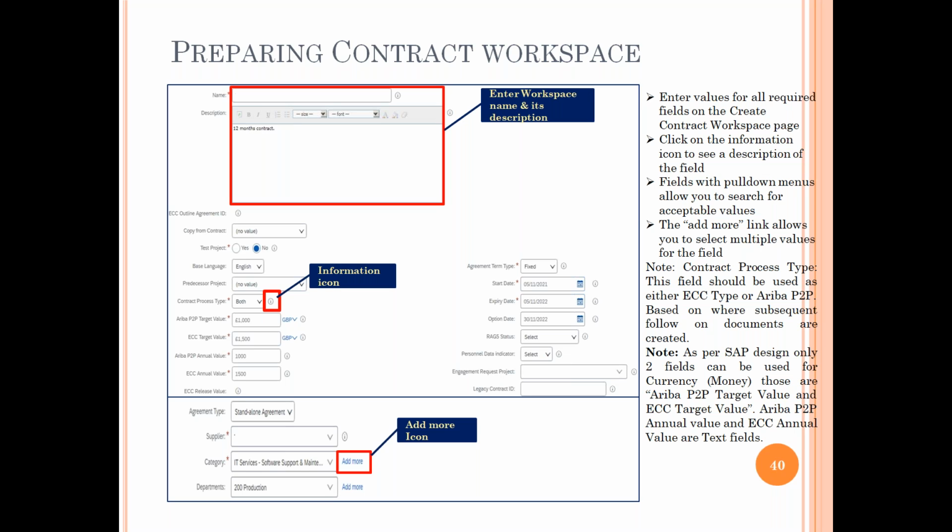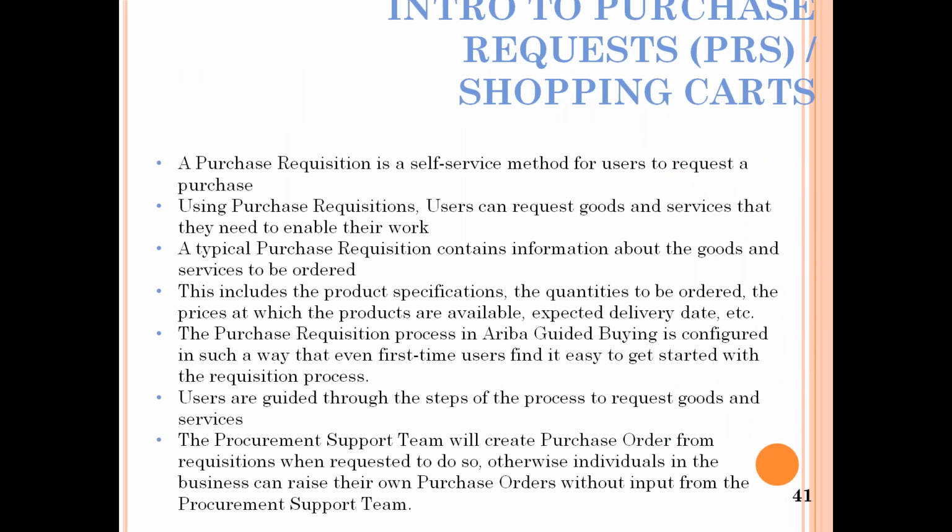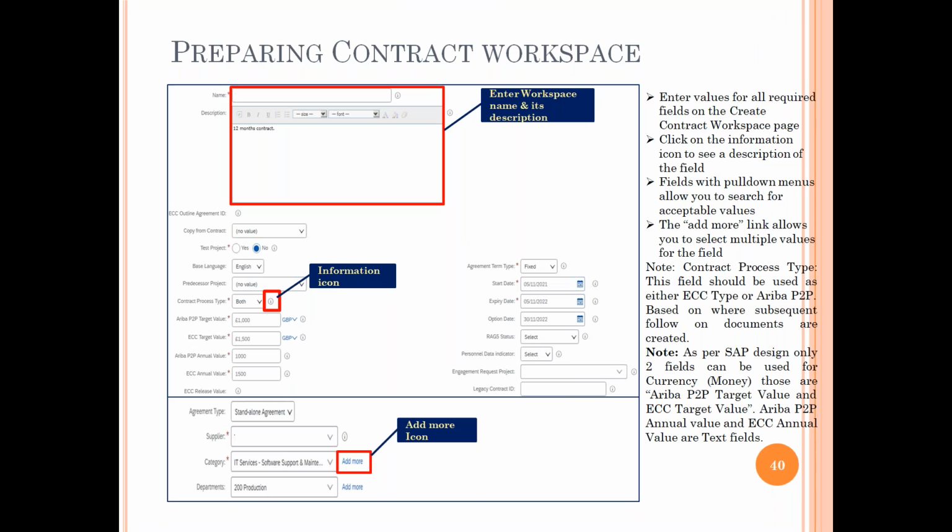Once your contract is done, it depends on whether your customer has taken a license for SLP, sourcing, contract, all the modules, or only upstream, or maybe in upstream itself only SLP or sourcing, or only contract.